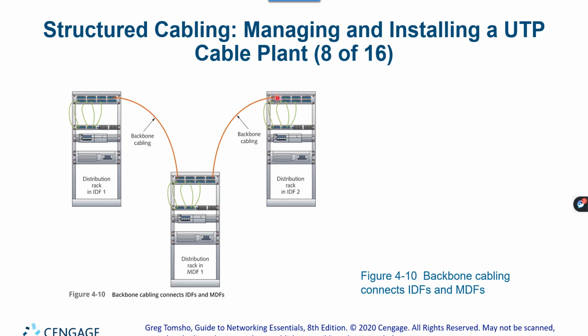And then we're going to have, orange typically means fiber. So we're going to have a backbone cable, typically fiber, that runs from these equipment closets to the main distribution frame, where we're going to have all of our servers. So we're putting all of these terms together and showing you how they relate to one another.